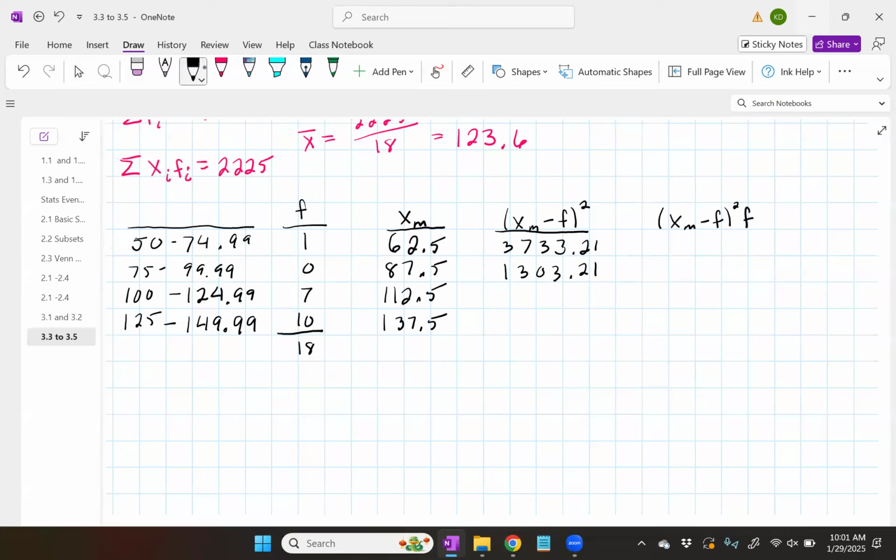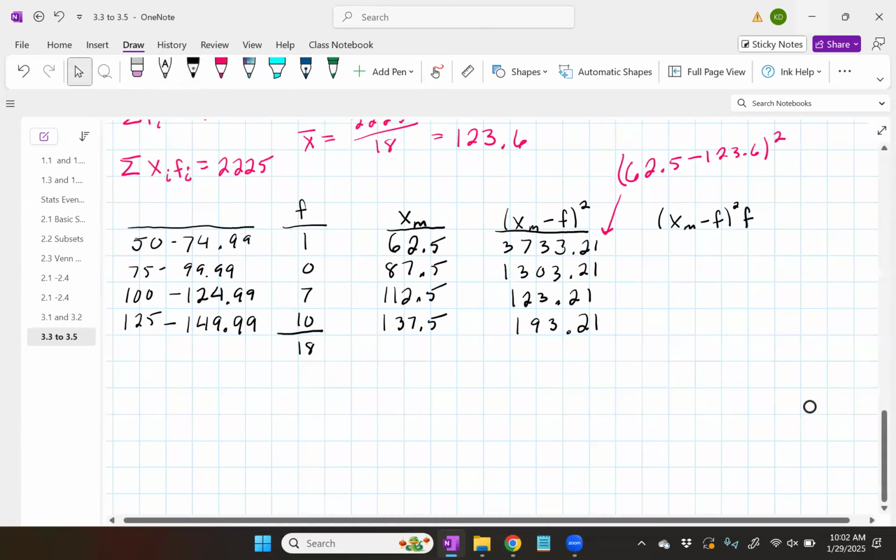Same thing there, I get 123.21. Last one, 137.5, 193.21. Just to show where that came from.